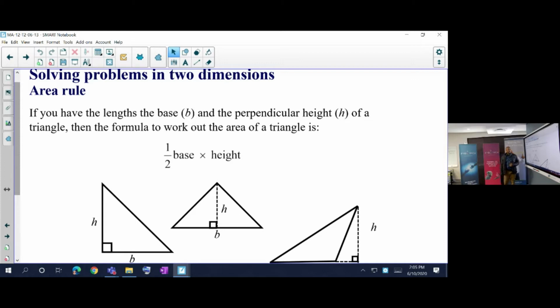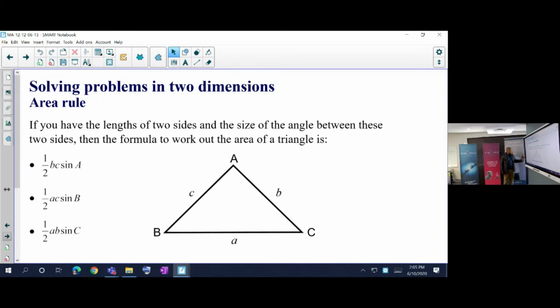The formula we are going to use, which you might be familiar with by now, is half base times height, which is a formula that we did from grade 5. We are going to modify this formula a bit to cover certain angles that a triangle might have. So there we go.